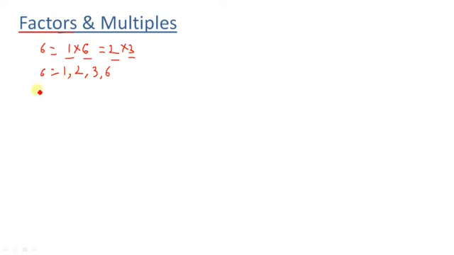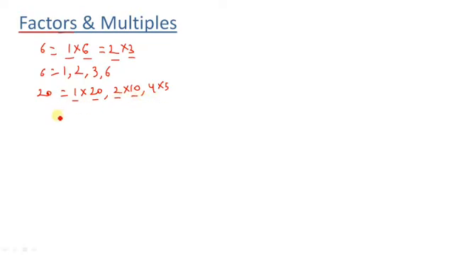Suppose I have 20. 20 can be expressed as 1 into 20. Then it can be expressed as 2 into 10. In terms of 3 it cannot be expressed. In terms of 4 it can be expressed as 4 into 5. So in these three ways it can be expressed. Now what are the numbers used? 1, 20, 2, 10, 4, 5.